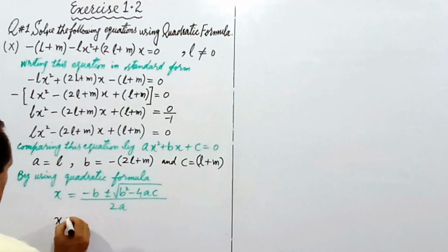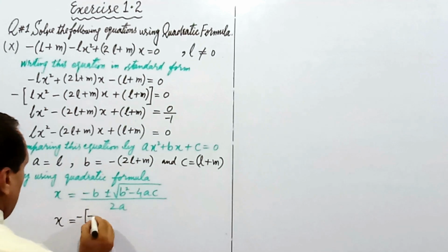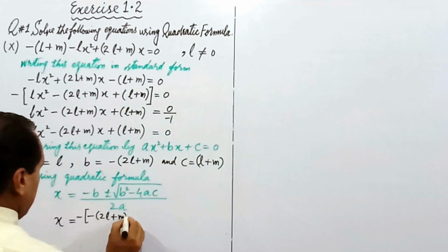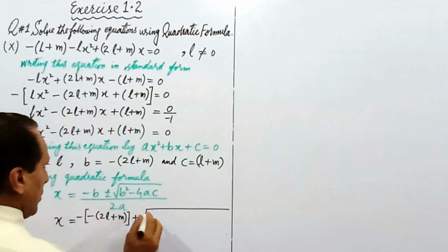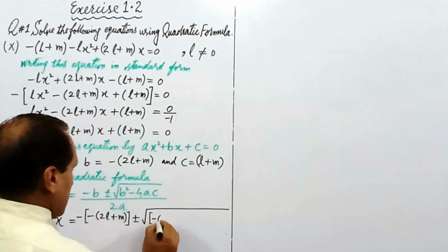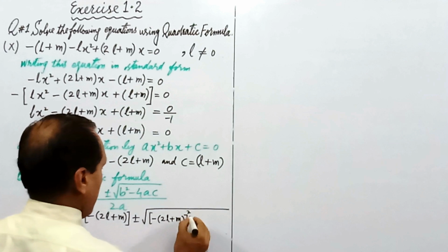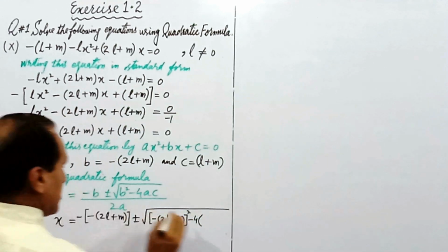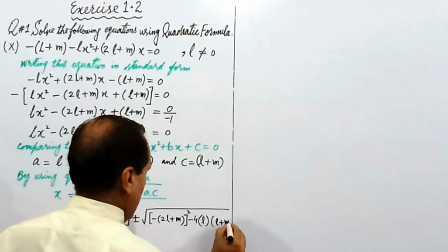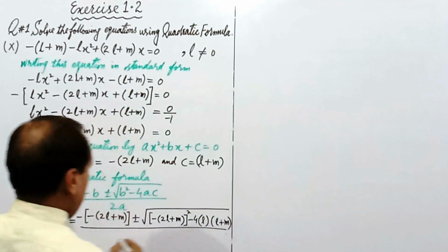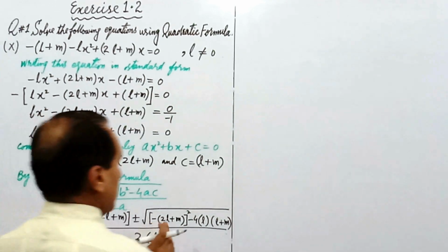by substituting the values in quadratic formula, we have minus, the value of b is minus into (2L plus m), plus minus under root, the value for b square, that is minus (2L plus m) whole square, minus 4 into value of a, that is L, and value of c, that is L plus m, whole divided by 2 into value of a, that is L. Now we simplify this.